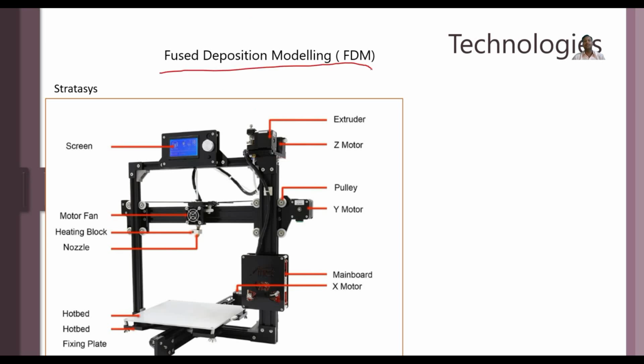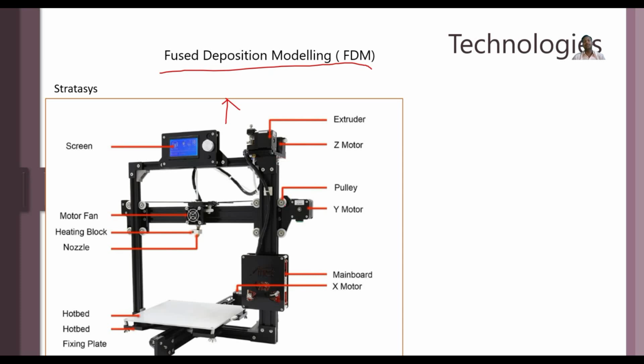We'll see briefly about this FDM. As I discussed, this is a 3D printer, an FDM machine, fused deposition modeling. This is the extruder and the motor. When the material is moving and getting built, this Z axis will move in the upward direction.